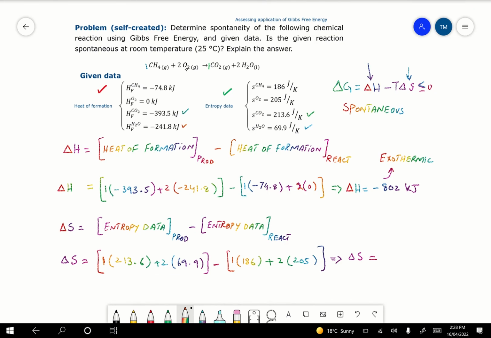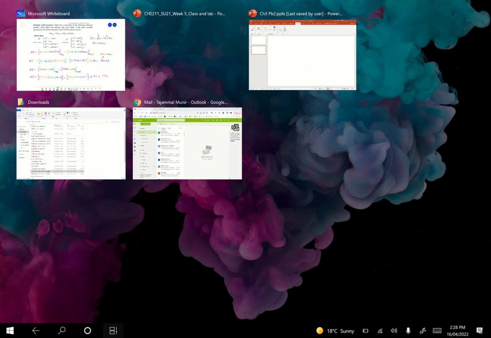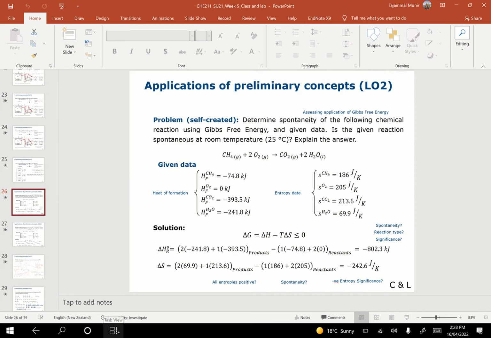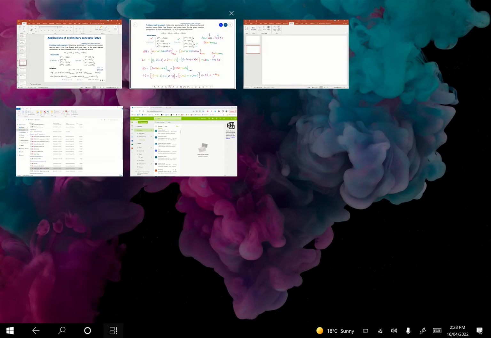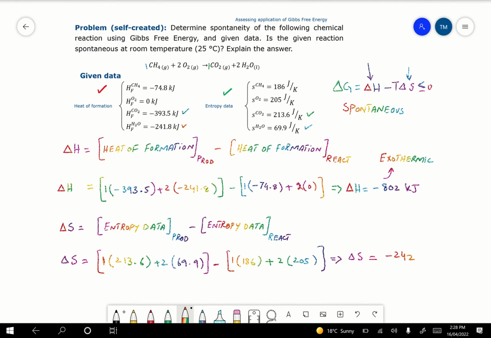Delta S is minus 243 joule per Kelvin, which becomes minus 0.243 kilojoule per Kelvin, right? So to be consistent.